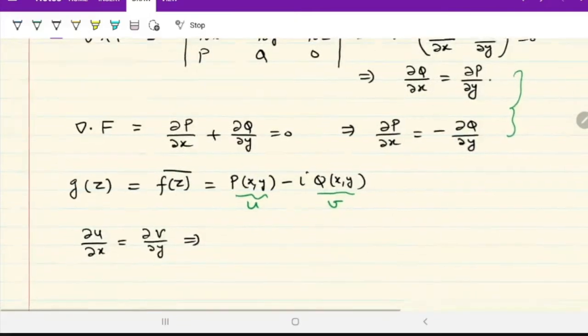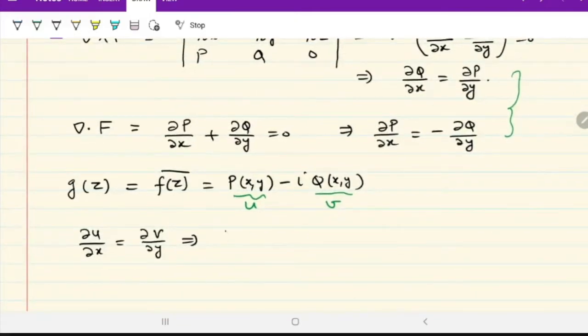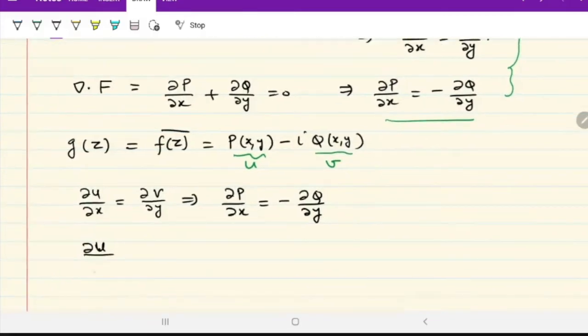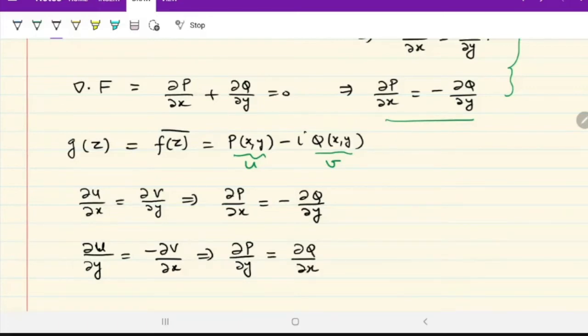Since u is p, you get del p over del x equals, since v is minus q, minus del q over del y. This is nothing but the second equation. Similarly, the second CR equation, del u over del y, will be minus del v over del x. u is p, so del p over del y, and v is minus q, so del q over del x.